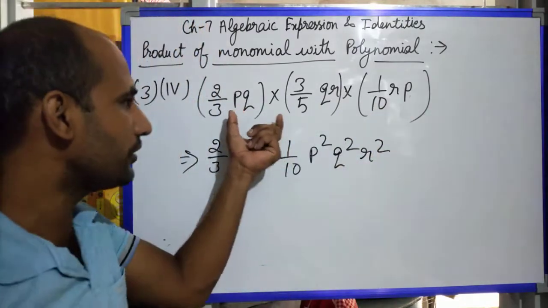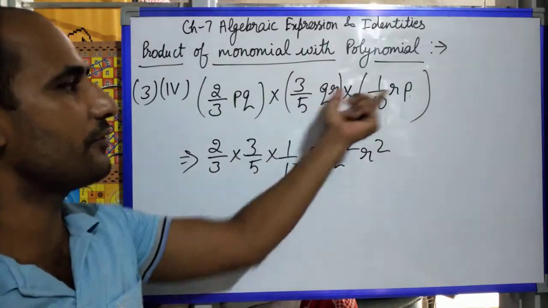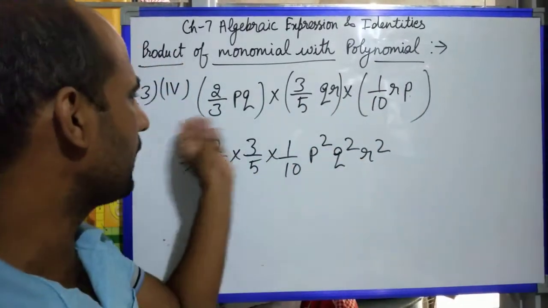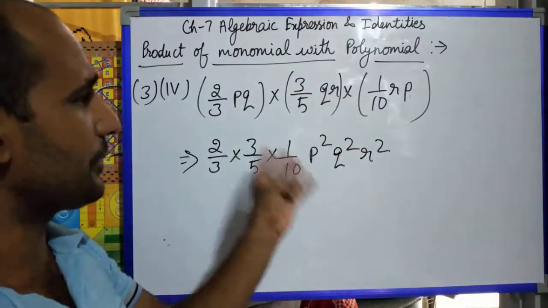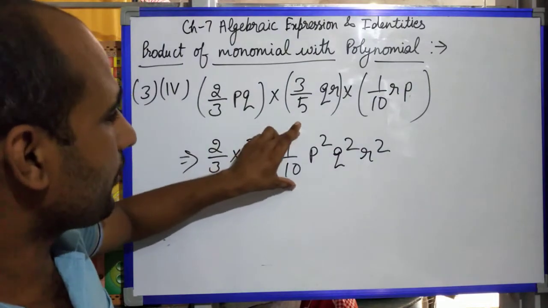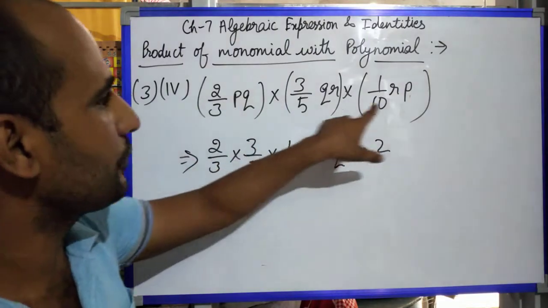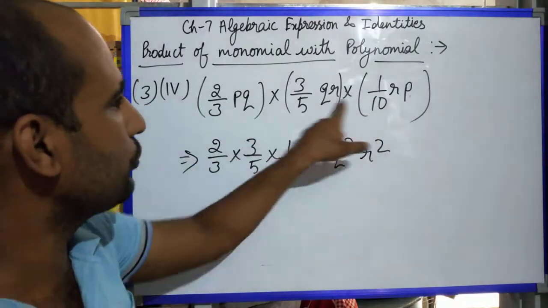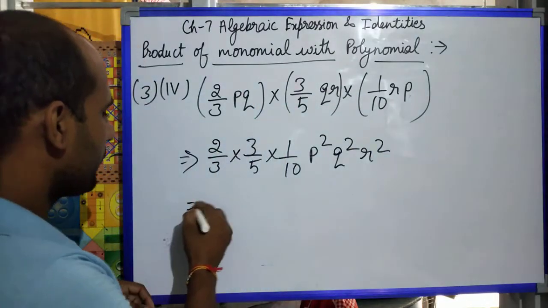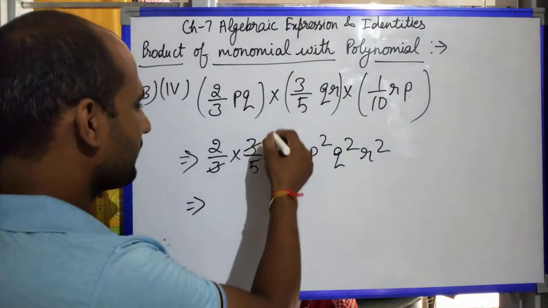You need not do it separately, first multiplying these and then multiplying with the third; you can directly multiply all of them. All coefficients are multiplied, then total p, there are two, q, there are two, and there are two r's. If they are getting cancelled, we cancel them.